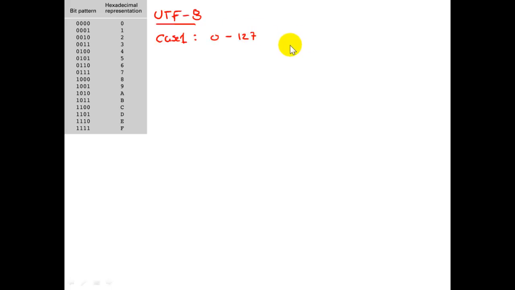Okay, these are the characters that are included in the ASCII range. The singular property of these characters is that all of their binary encodings begin with a 0. So any byte that begins with a 0 is essentially going to be a single byte character in UTF-8.